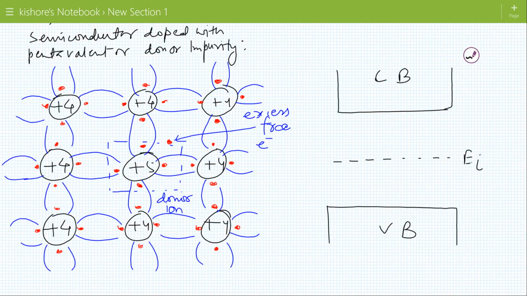The donor energy level is very close to the conduction band. This gap, this is ED, the donor energy level.